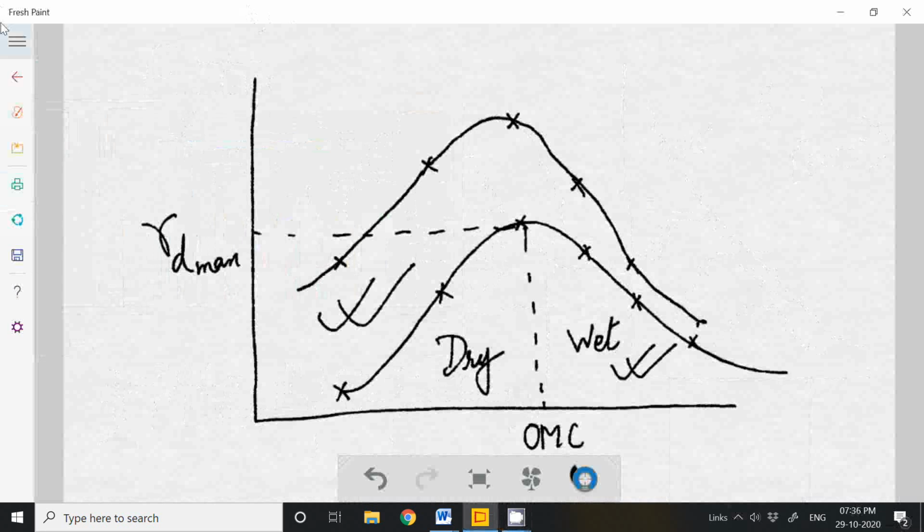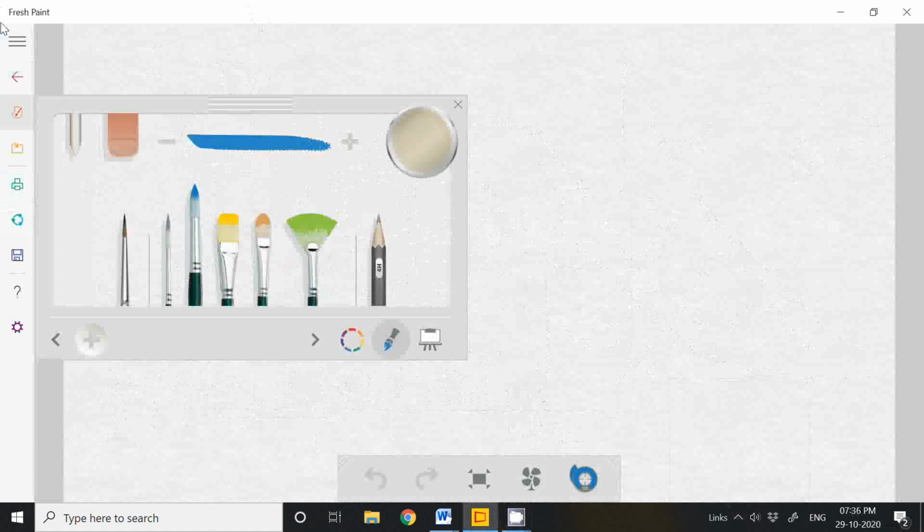So you should also try to write it down. That will be much better. So I'll just write it. You copy it in your notebooks.